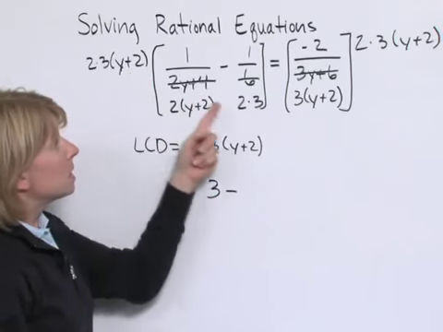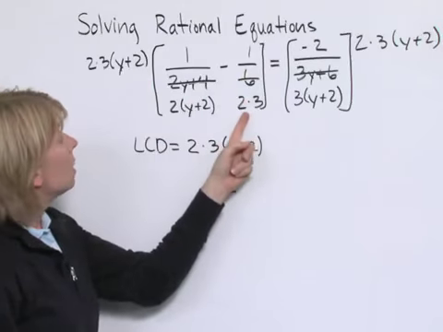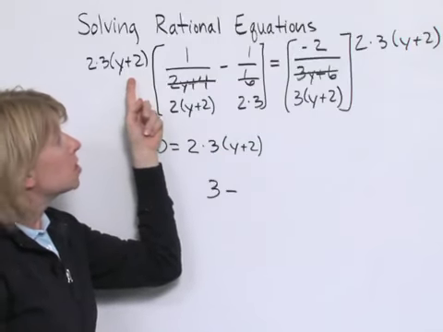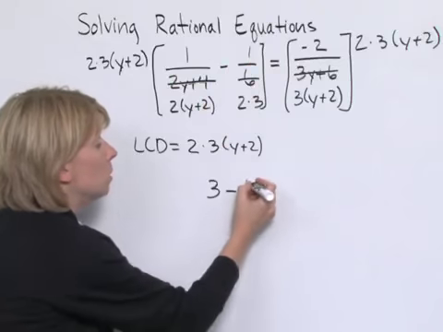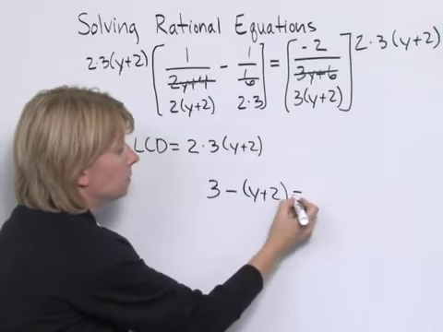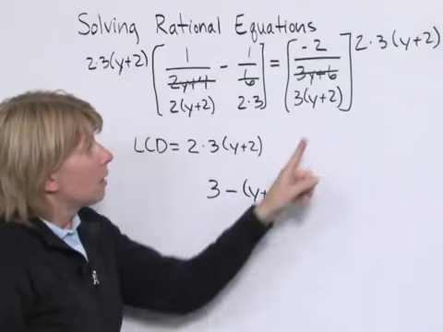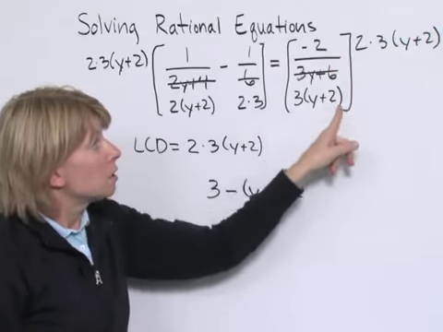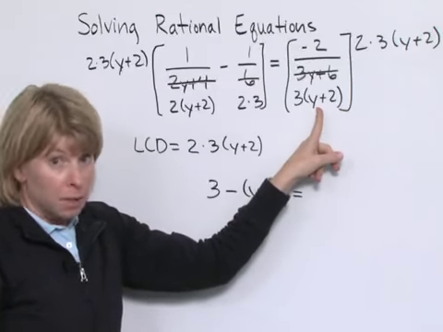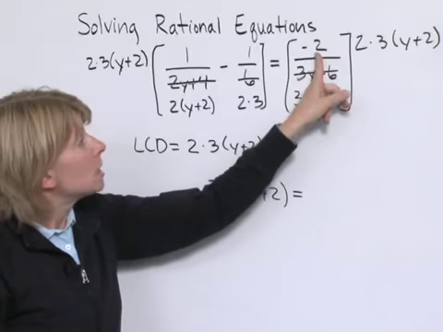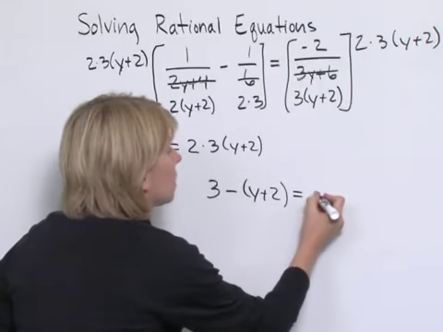When I take the LCD times the second fraction, the 2 and the 3 both divide out, leaving me with y plus 2 times 1, which is y plus 2. And on the right side of the equation, when I multiply the LCD times this fraction, my 3 and my y plus 2 both divide out, leaving me with 2 times negative 2, which is negative 4.